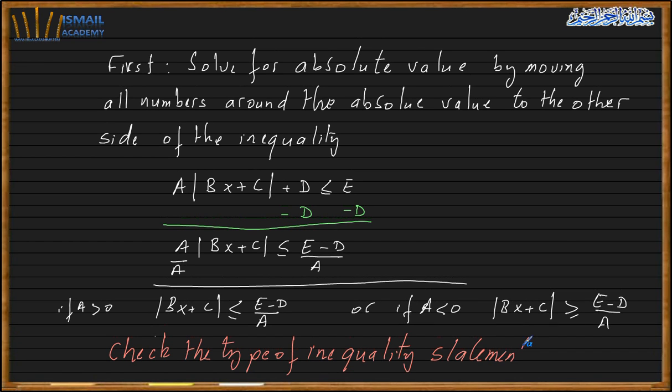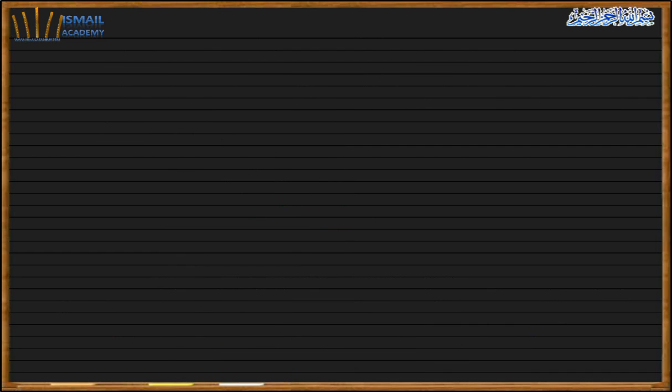For example, a contradiction. If you see the previous lesson, you will know what type of absolute value is a contradiction statement.